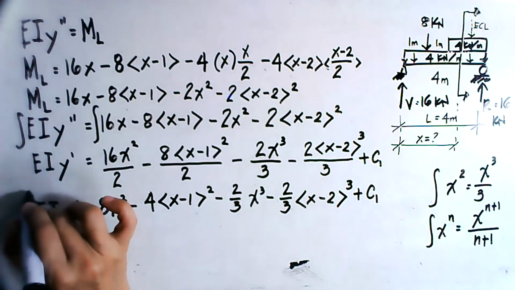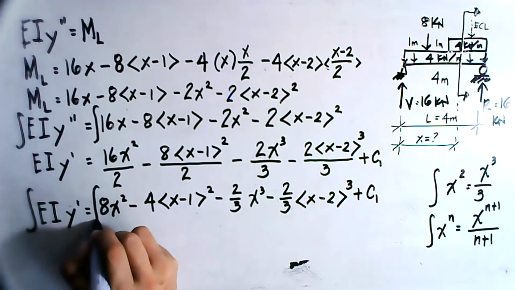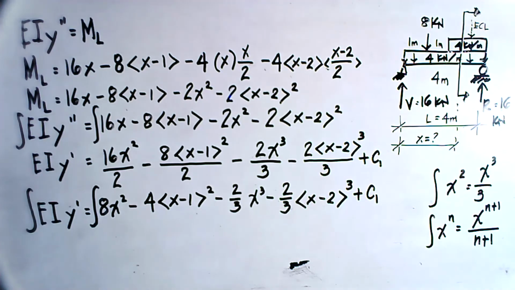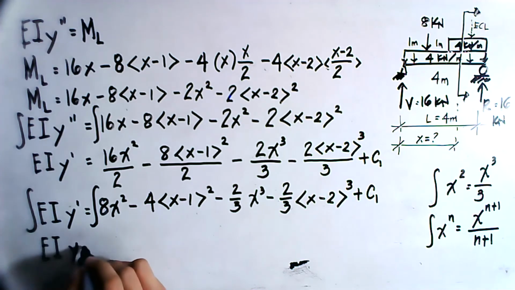So we are going to integrate. This will be the second integration. That's why we call it double integration method. We have EI y.